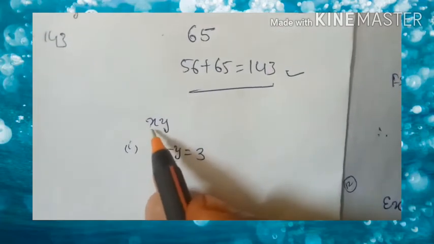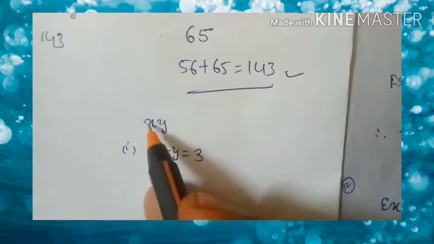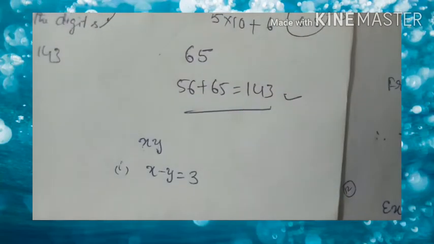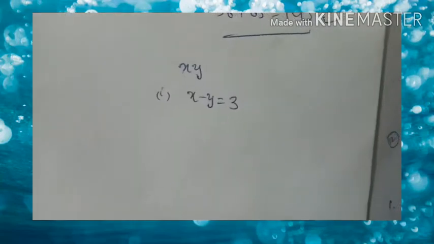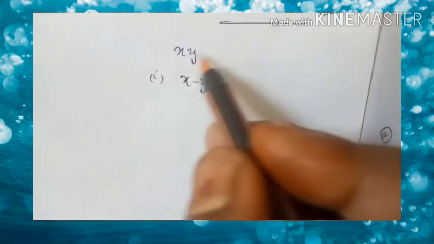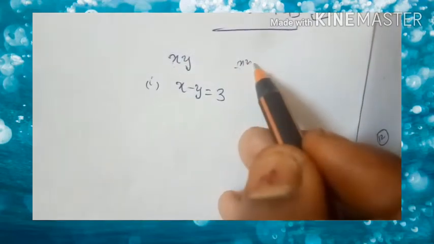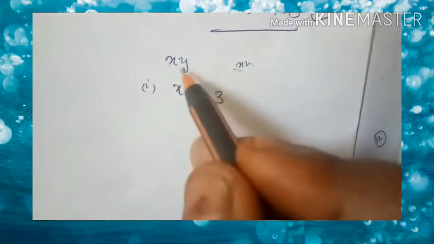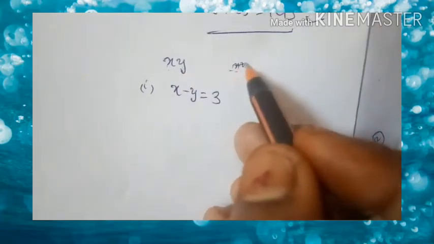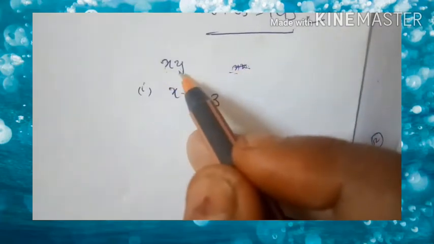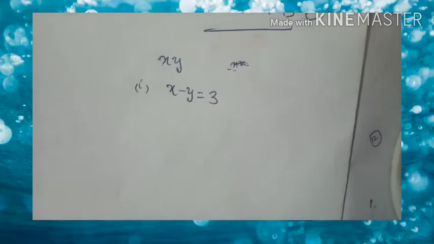Because just for understanding only, just for clarification. Suppose I write xx. What is the difference? There is no difference. So that's why I am taking another variable. But we are discussing only linear equations having one variable.